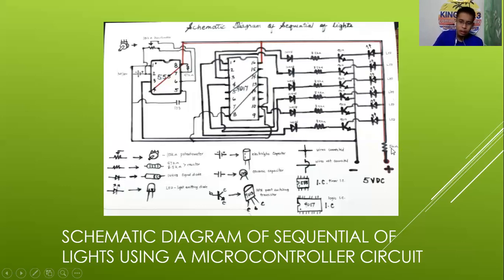Okay, so meron din ditong 56 ohms, I stand corrected, 56 ohms connected or nakaseries doon sa positive line. So that will serve as the current limiter, or will serve also as a protection for the entire circuit, or will serve as the fuse in the circuit.